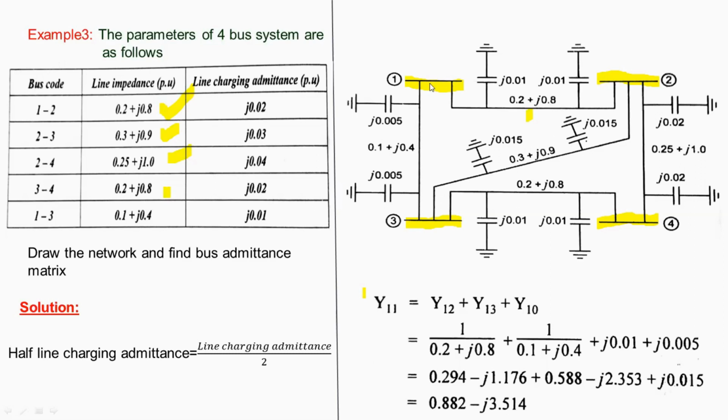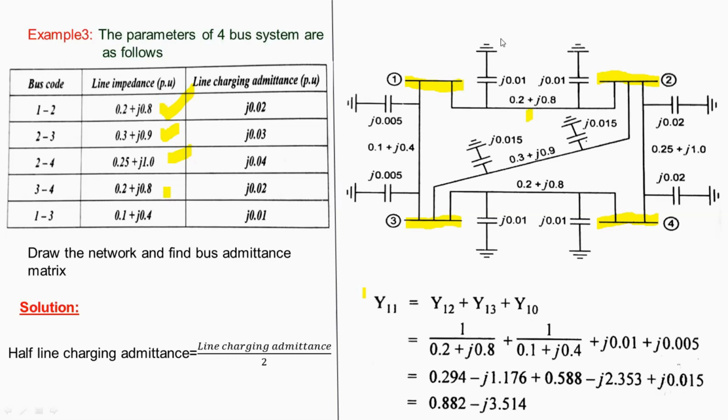First, calculate the self admittances Y11, Y22, Y33, and Y44. Y11 is the sum of the admittances connected to bus 1. The admittances directly connected are 1 divided by 0.1 plus j 0.4 for one branch, and 1 divided by 0.2 plus j 0.8 for the other branch. Add these branches.